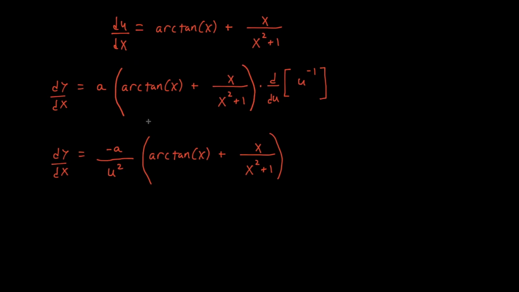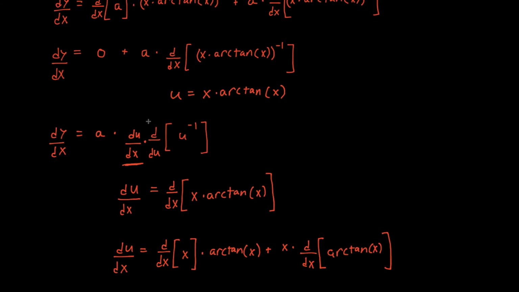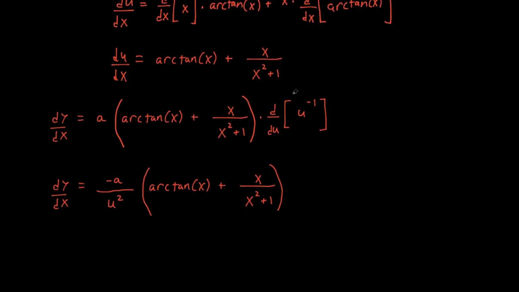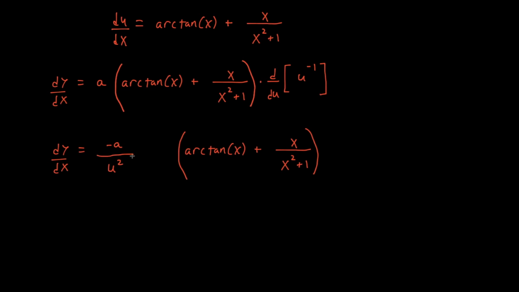Our u substitution that we made up here is u equals x times arctangent of x. So let's undo that. We're going to undo that u substitution and say x times arctangent of x.